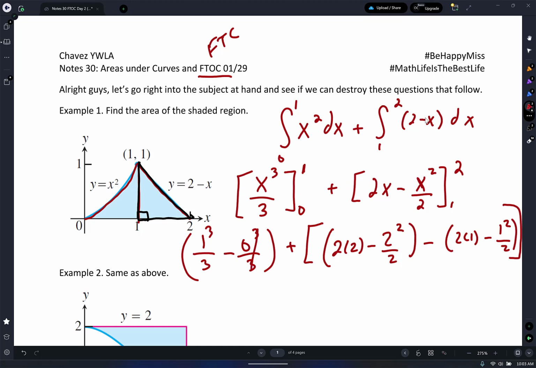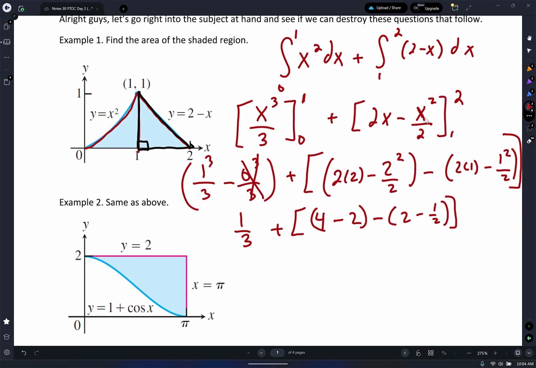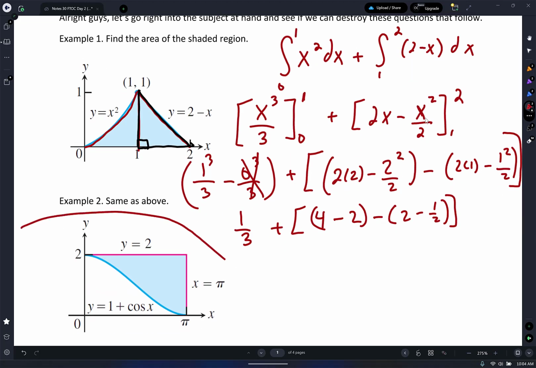Let's see. I see this is 0 here, so I'm going to just zero it out. I see 1/3 plus, let's see what I get here. 2 times 2 is 4. 2 squared is 4, divided by 2 is 2. So that's that guy right there. Minus 2 minus a half. I guess we could have done it even faster. So 1/3 plus 2 minus a half, that's 3/2.